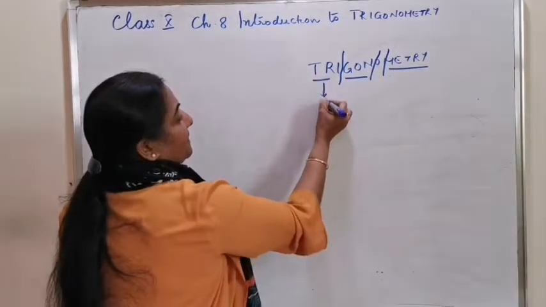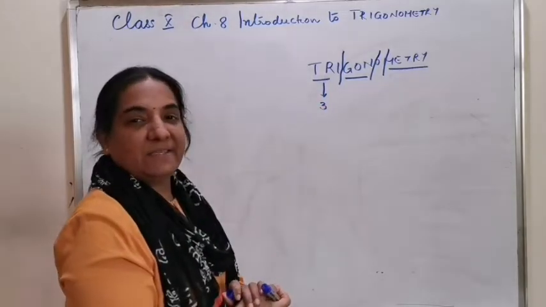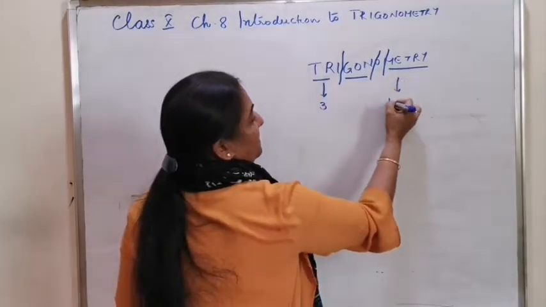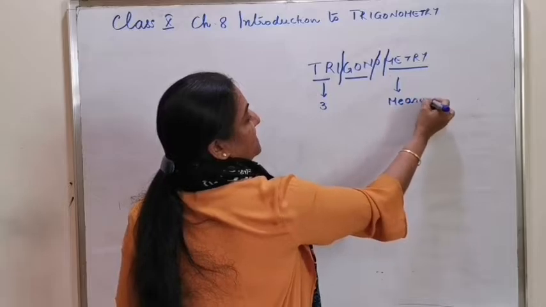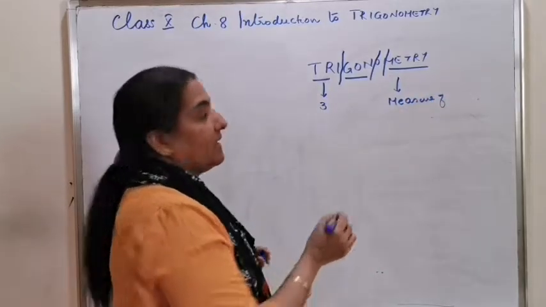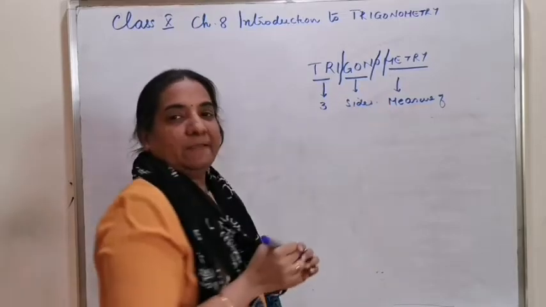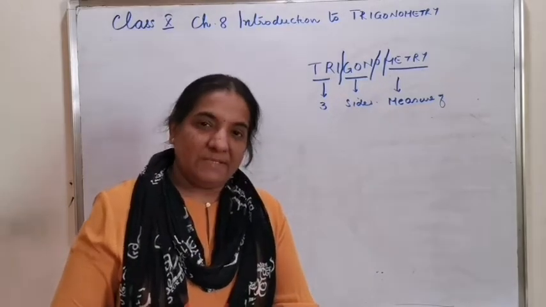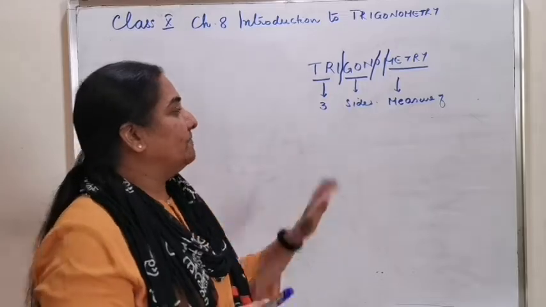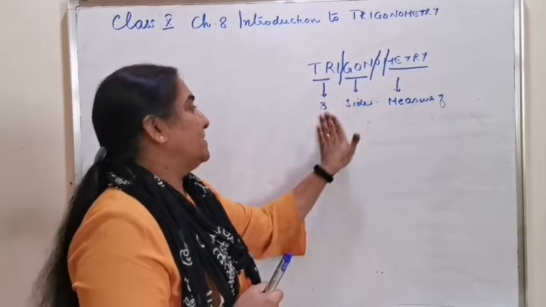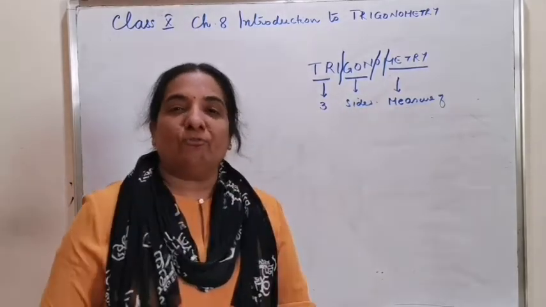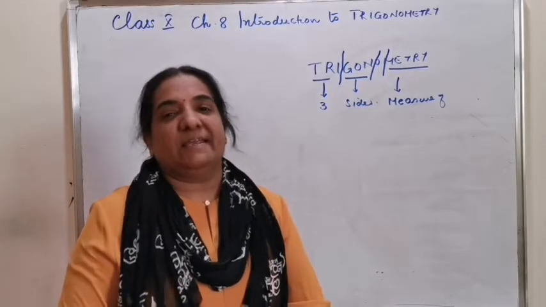Tri can be considered as 3. Metry can be considered as measure of, and gon, sides. It is a Greek word, and it is based on the measure of 3 sides of a right triangle.